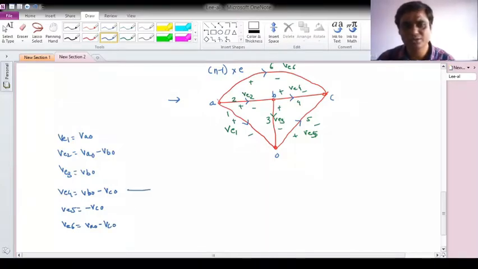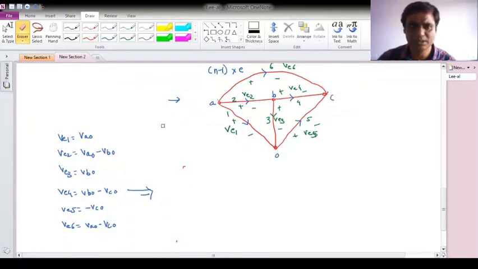Okay, and let me also express this in matrix form. So now there will be one vector, sorry, which will be a column vector. It consists of element voltages VE1, VE2, VE3, VE4, VE5, VE6.